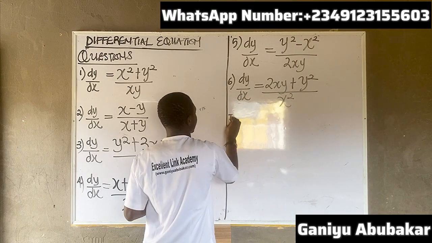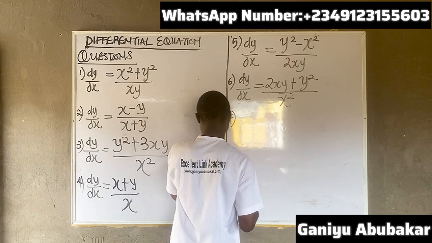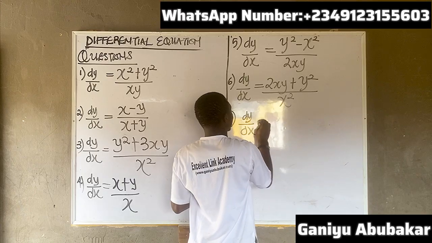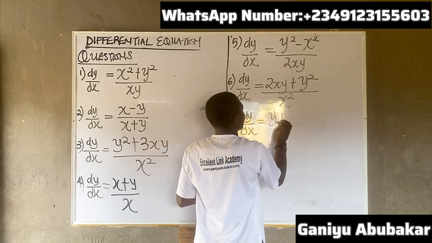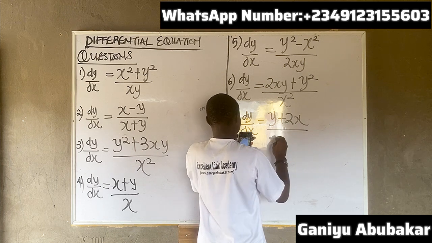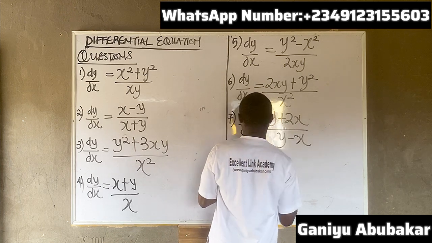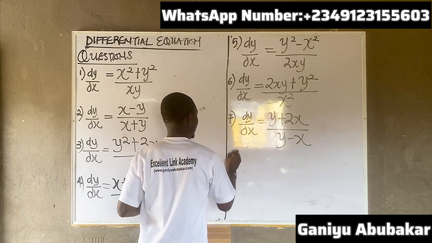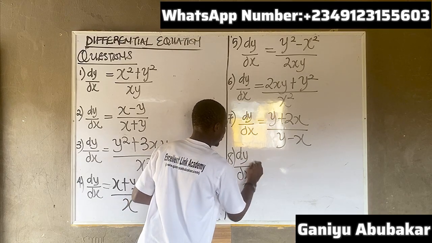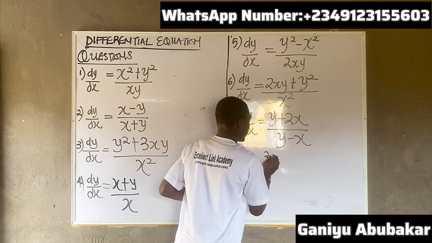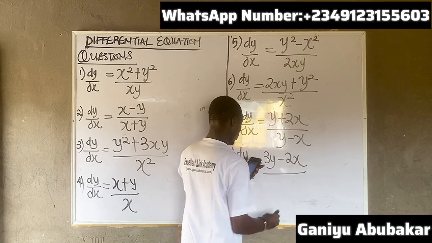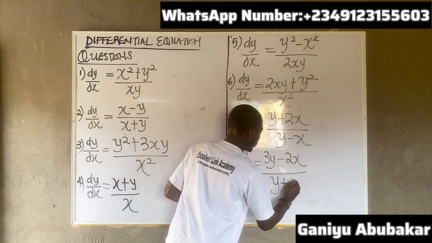Number 7, I have dy over dx equal to y plus 2x all over y minus x. Number 8, finally, dy over dx is equal to 3y minus 2x all over y plus x.